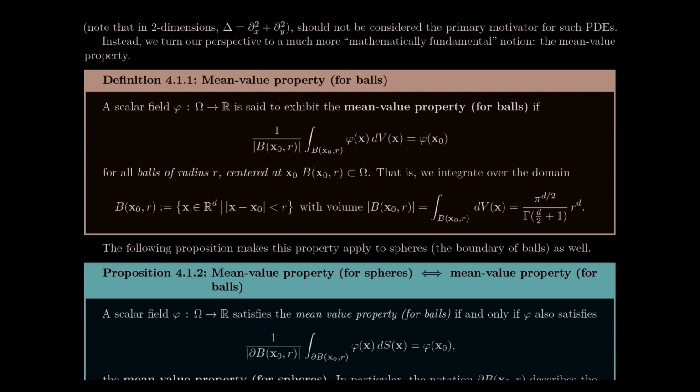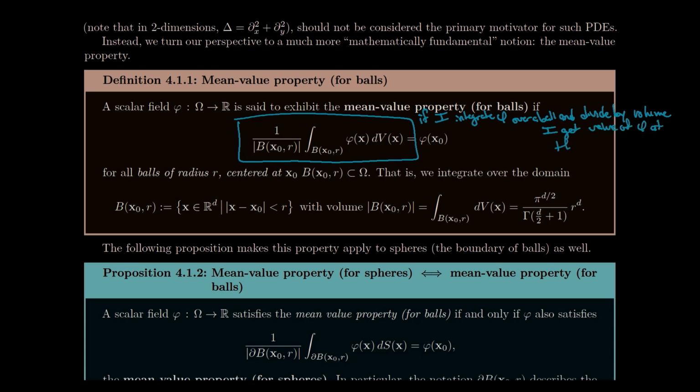So if you've gotten very used to boundaries of domains, you can think about the sphere as the boundary of a ball. Anyway, the definition of this mean value property is just, hey, if I integrate phi over a ball, and divide by the volume, I get the value of phi at the center.